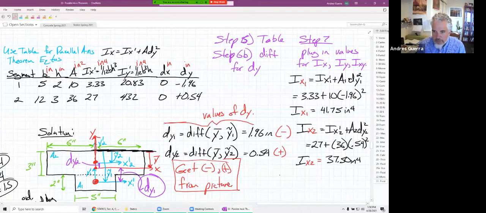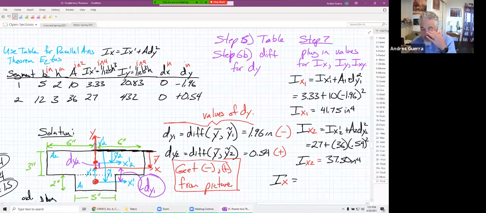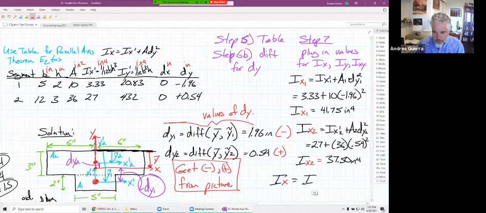Now we can find Ix for the whole thing. We have both of those rectangles. We have the moment of inertia about the red axes. So now we can add them together, I for segment 1 plus I for segment 2. That's going to be 41.75 plus 37.5, and we end up with 79.25 inches to the fourth.